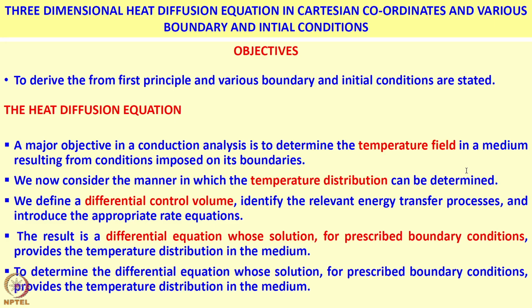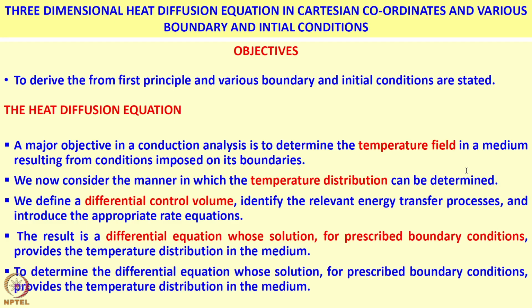We will also introduce the boundary conditions that are typically seen in heat conduction problems. Different boundary conditions would be needed to solve this differential equation. How are they written mathematically, and from that how can the solution for temperature distribution be computed? So, we are going to start with the heat diffusion or heat conduction equation.